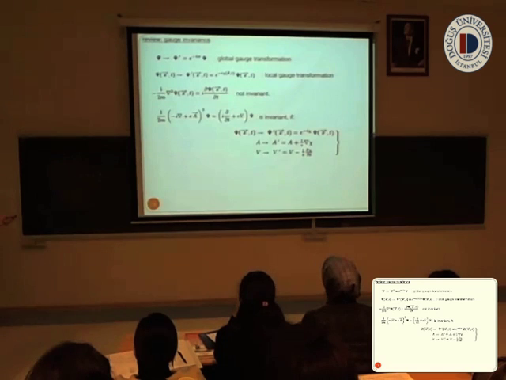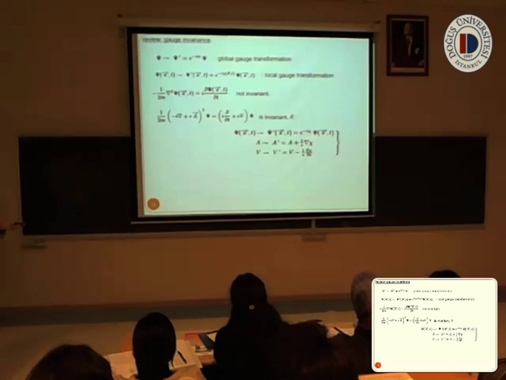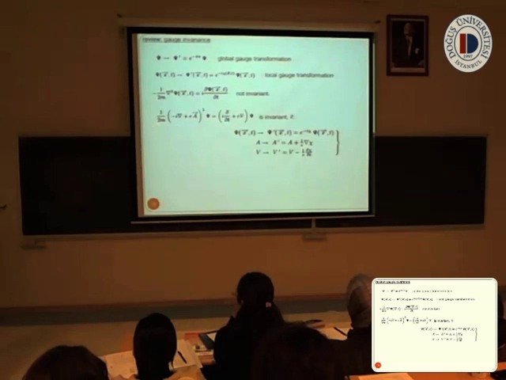And then you can check that the expression is invariant if you make this gauge transformation, but you also make simultaneously the gauge transformations for the potentials, or scalar and vector potentials. So under these simultaneous transformations, this expression remains invariant.